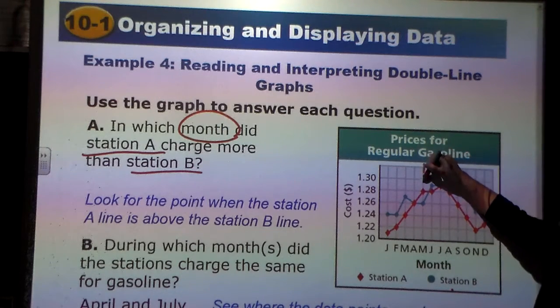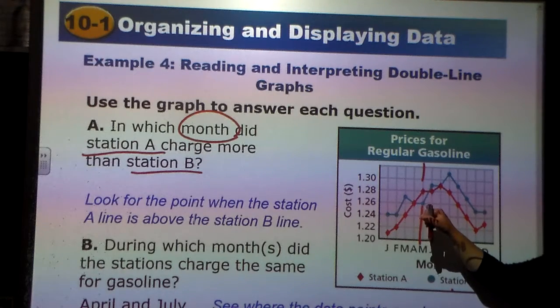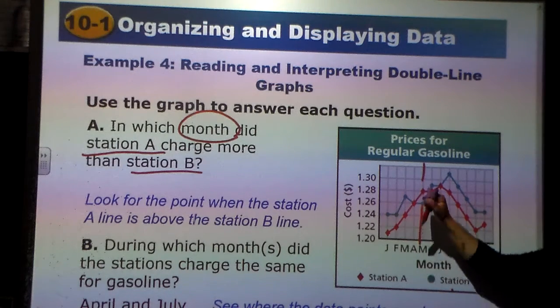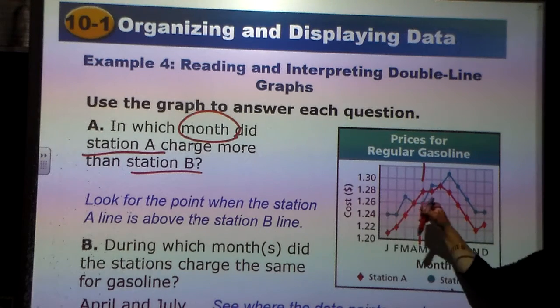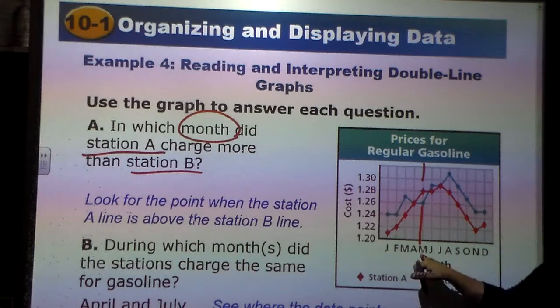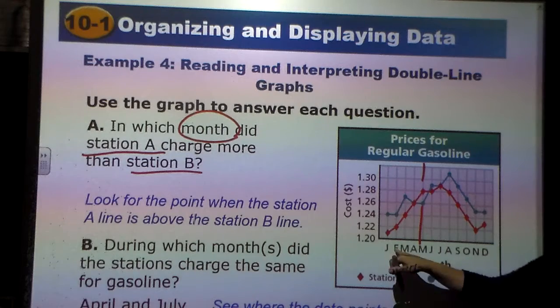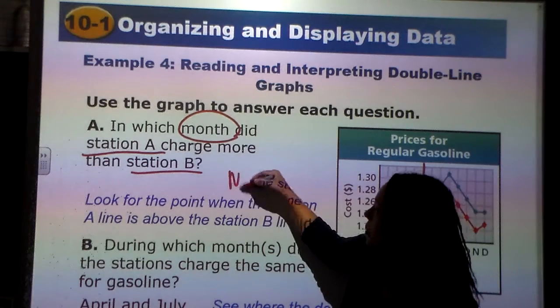I notice on this line right here, the red is more than the blue. That's the month the red was $1.28 a gallon, and station blue was $1.26 a gallon. That month would be May, because they're only listed by the first letter, but January, February, March, April, May. So your answer will be May.